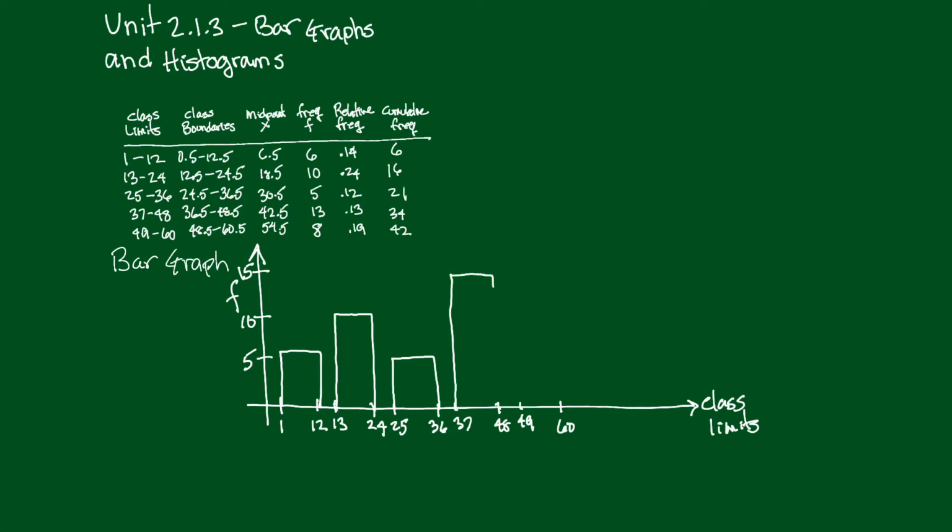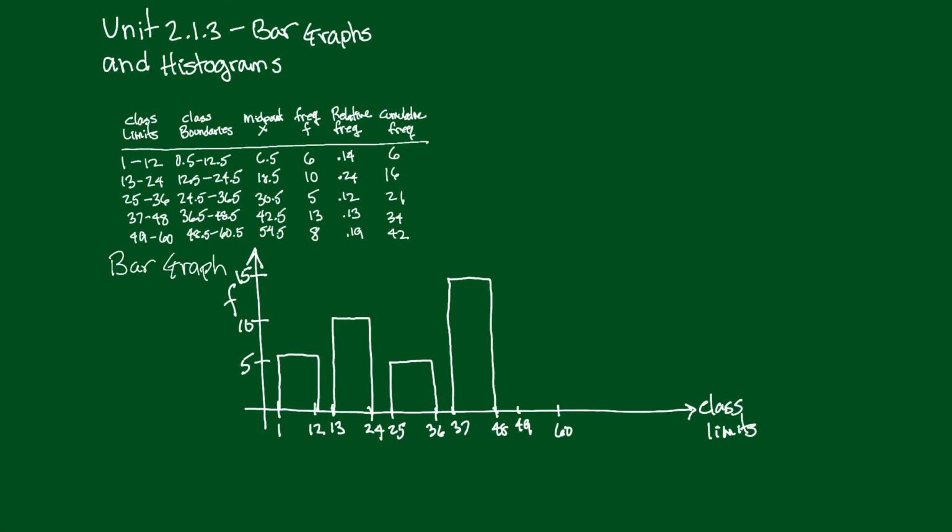Then I'll come over here to the 48, and then the 49 to 60, we've got 8 pieces. So 8 is, let me kind of get this here. Maybe that's like 8. All right, so I'm going to come up to 8, sort of there. Okay.